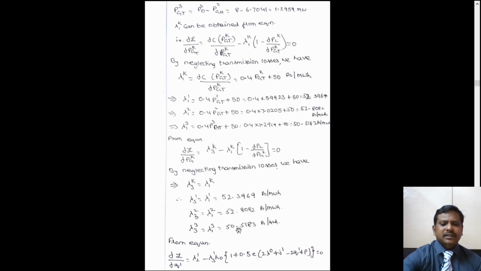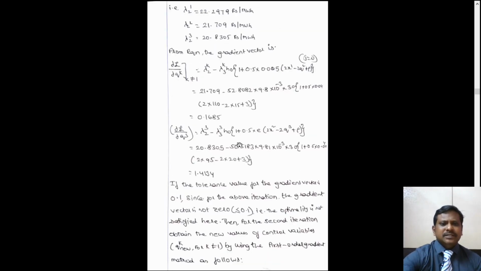Again, using this lambda, you will substitute in this equation and you will get lambda 2, and from the equation dou Lagrangian by dou x^k, where k is not equal to 0 and not equal to n, if you substitute this equation for k equal to 1, you will get 21.709. Similarly, for k equal to 2, you got the value 20.830, right?